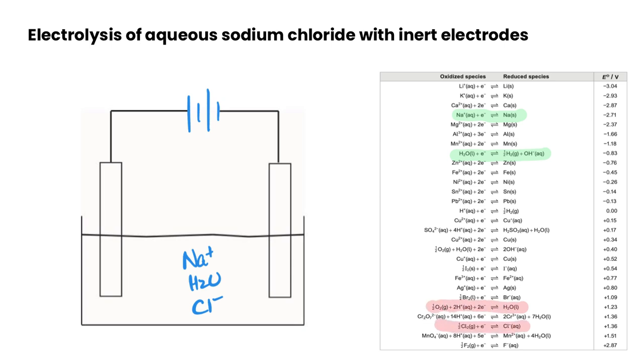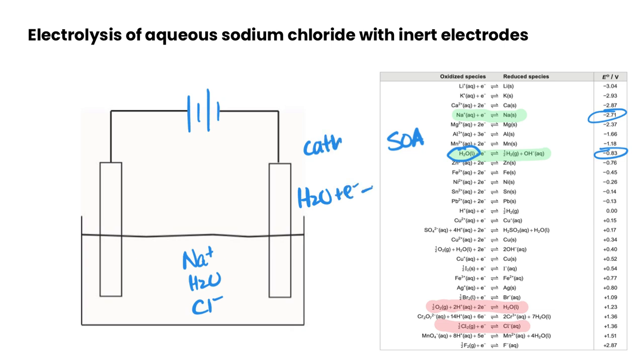Now, the case between sodium and water for the strongest oxidizing agent is pretty clear cut because the E0 values are quite different from each other, and the water is most certainly the strongest oxidizing agent. So at the cathode, that's going to undergo reduction.